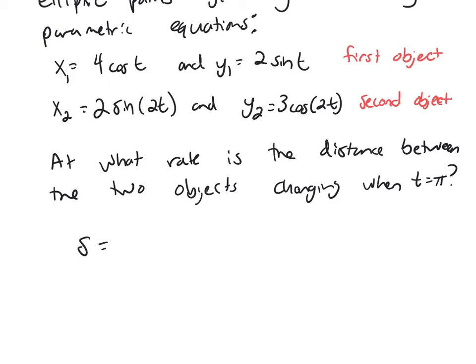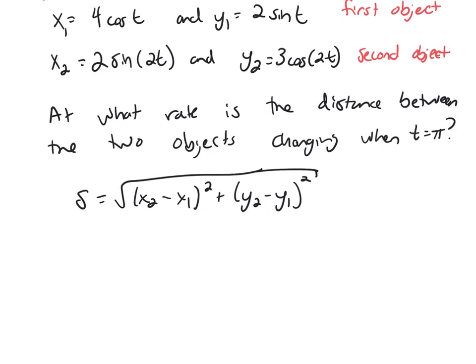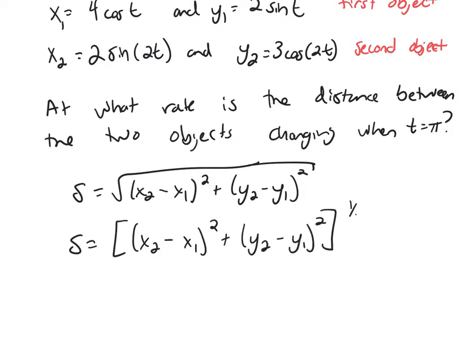Our formula S will be the square root of (x2 minus x1) squared plus (y2 minus y1) squared, which, because we're going to take derivatives, I'm going to write with a 1/2 exponent.